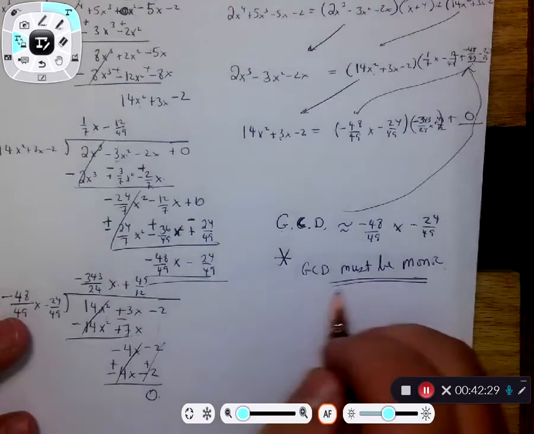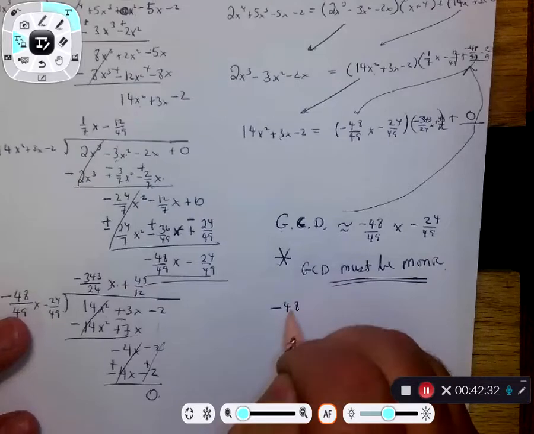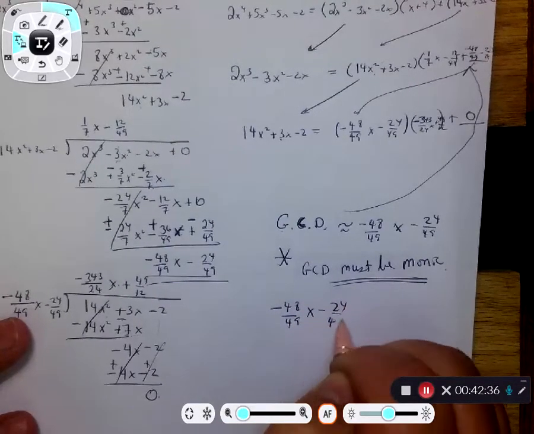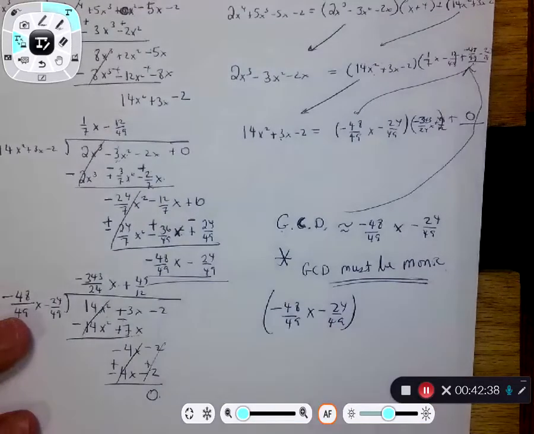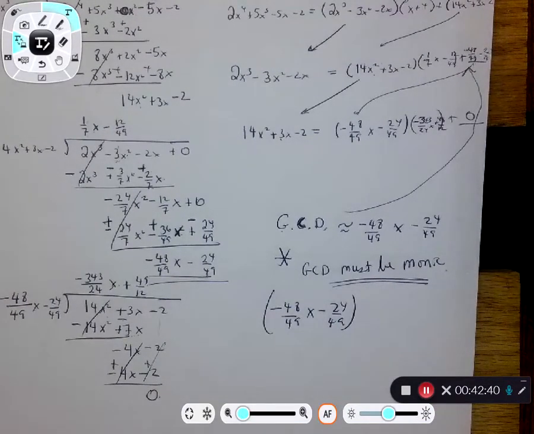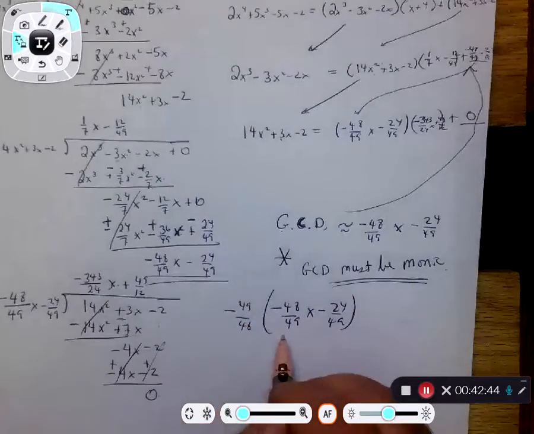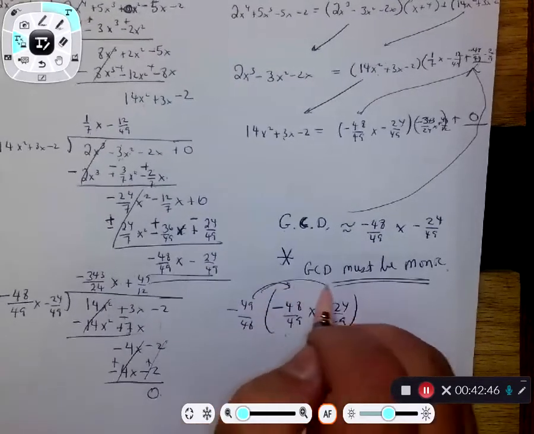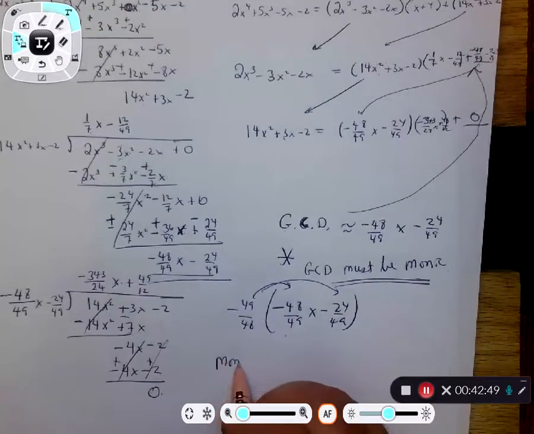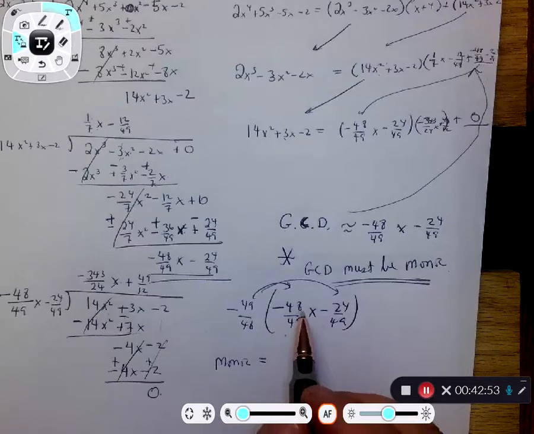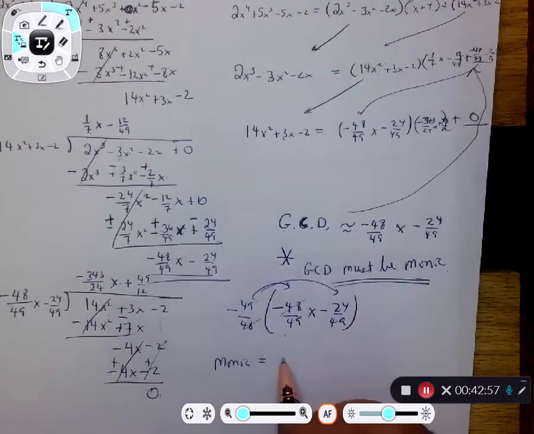So what you do to make it monic is you've got your negative 48 over 49 times x minus 24 over 49, and you multiply by the reciprocal of the leading coefficient, which would be negative 49 over 48. And I'm going to distribute to make it monic. So the monic part of this would end up being negative times negative is positive. Here, these completely cancel, so you're left with just 1x.